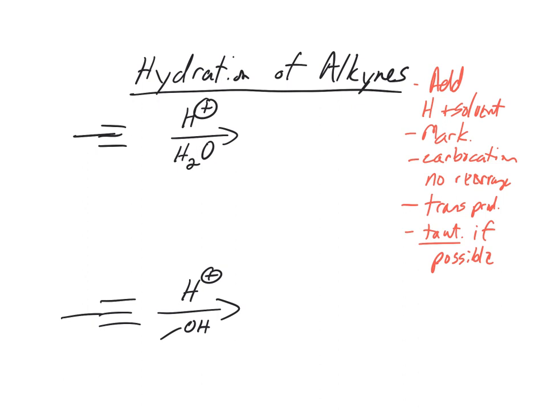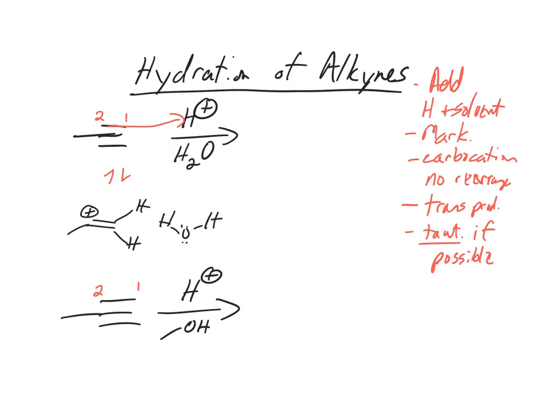So the first step, let's number our alkyne carbons, 1 and 2. First step, the alkyne is going to react with the H+. Always find that H+; we're going to react with that first. We're going to form a carbocation on carbon 2, the more substituted carbon. We're going to have water then react. So it would add trans.